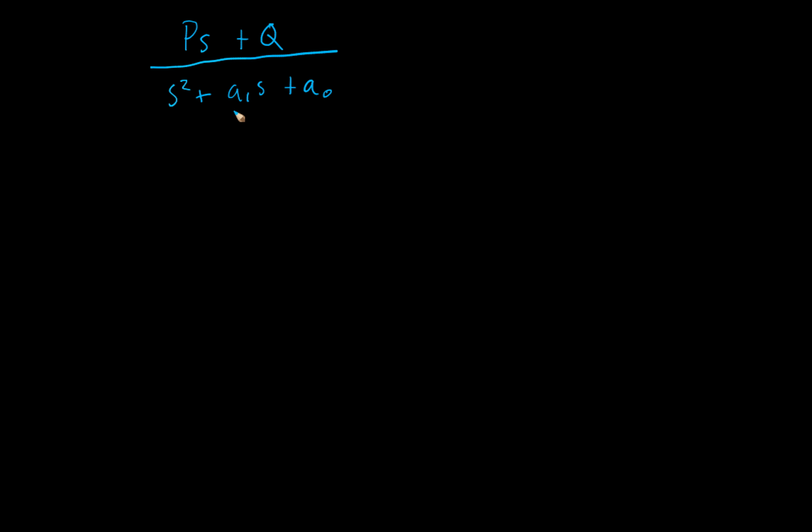First of all, we're going to look at this in the same way you would approach this, let's say, if you're completing the square to try to compute solutions of this. So let's write this in the following form. Let's write Ps plus Q over S plus sigma, all squared, plus omega squared.